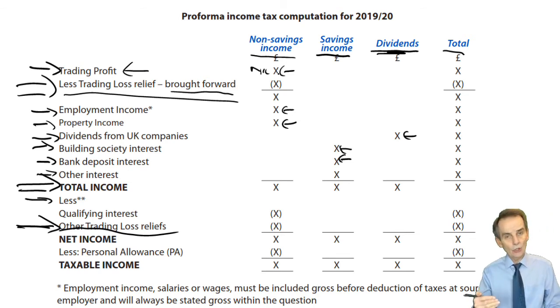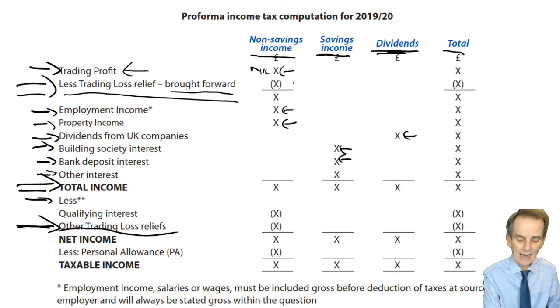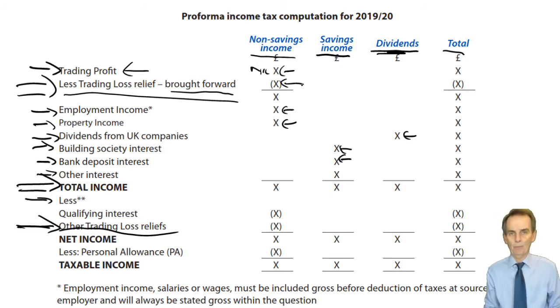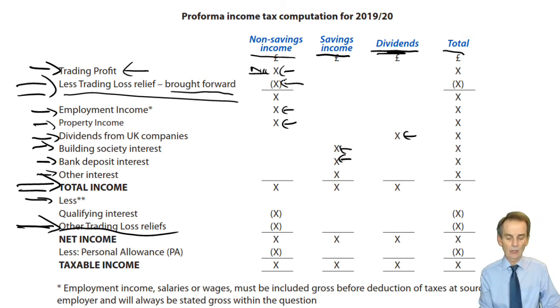What you then get to do is to choose which of the available trading loss reliefs you wish to use. One of them, as we've seen, is to carry it forward, where there it would indeed be a bracketed figure. It would be deducted from the trading income of this period. Clearly, if the loss itself is of this period, there is no loss brought forward, and it is a nil assessment that goes into this year's income tax computation.